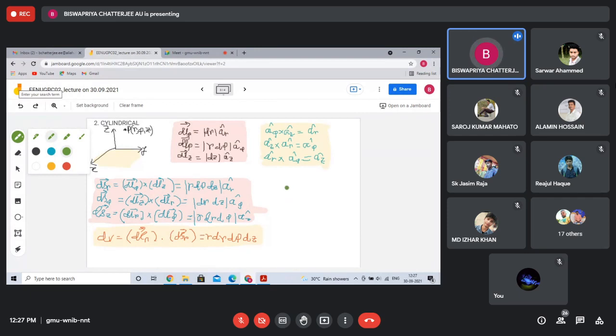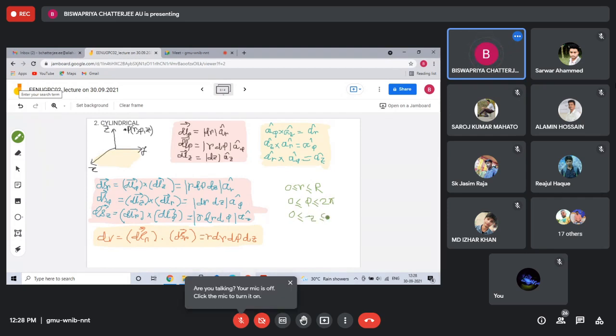So I am giving you the range: 0 less than or equal to r less than or equal to this, 0 less than or equal to phi less than or equal to 2 pi, and 0 less than or equal to z less than or equal to h. If you have these limits of these three respective variables, can you tell me what is the volume?